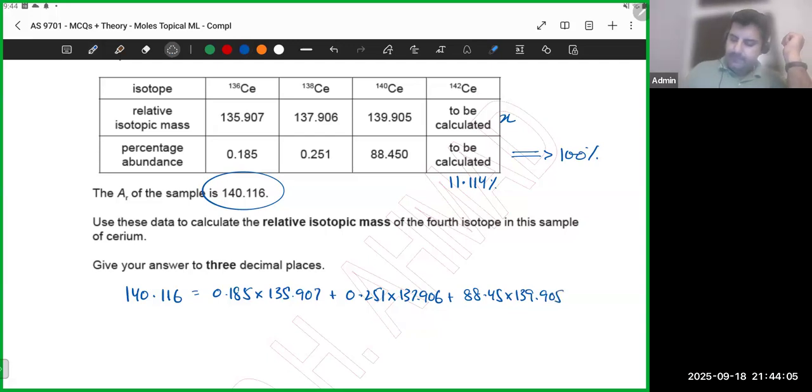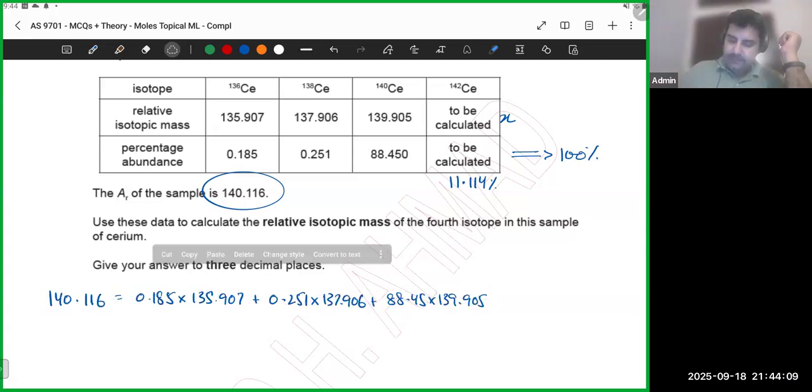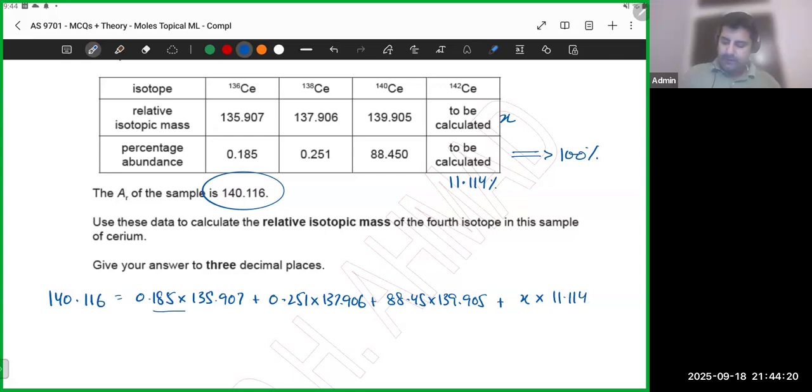Okay, so all of that. And then the last one, which is X, multiplied by 11.114%. And the whole thing will be divided by 100. Okay, so you have to solve for X now.